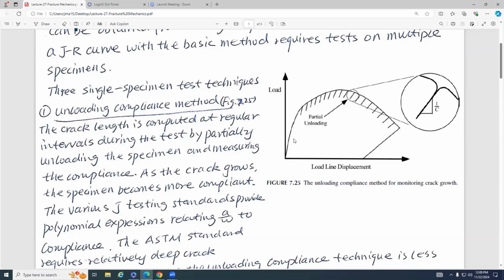Be very careful. This is the load and this is the displacement. You can see these short lines mean unloading. And at the very beginning, the curve is almost straight.